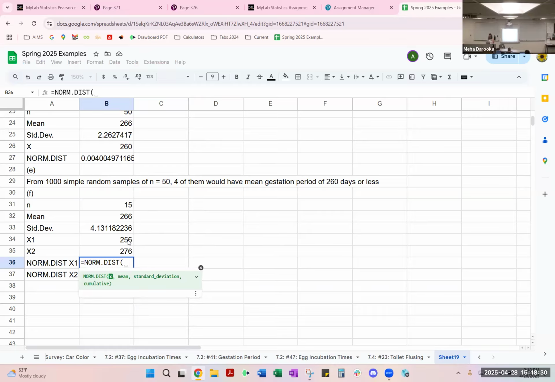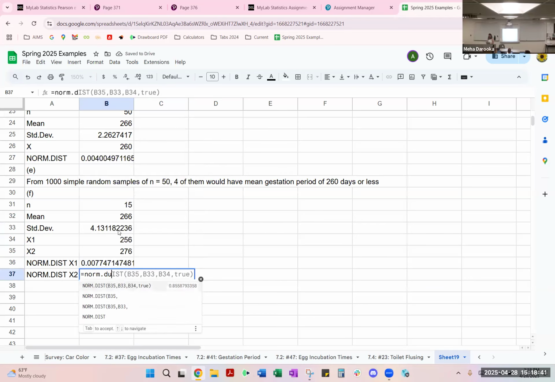So let's start with the lower number, 256. We have a mean of 266, and then the standard deviation changed. So we've got that first probability. Now for the second one.